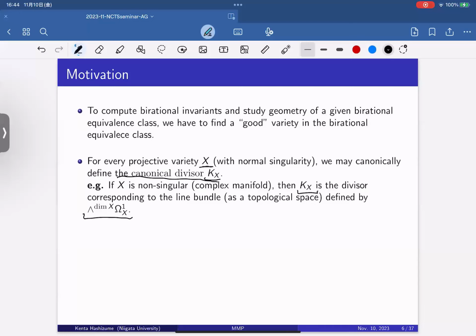So an important point is that the canonical divisor is defined only from the information of X. So the study of the canonical divisor is almost equivalent to the study of the variety X.